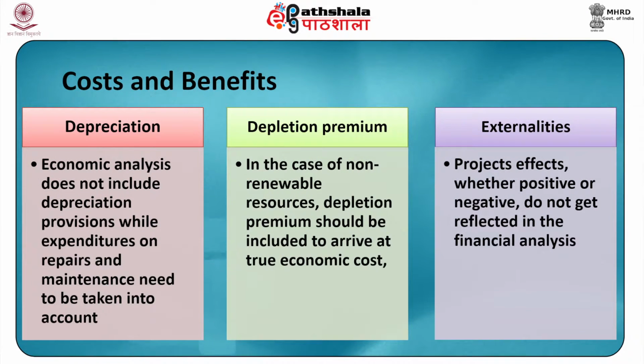Depreciation. Economic analysis does not include depreciation provisions, while expenditures on repairs and maintenance need to be taken into account. Depletion premium. In the case of non-renewable resources, depletion premium should be included to arrive at true economic cost.